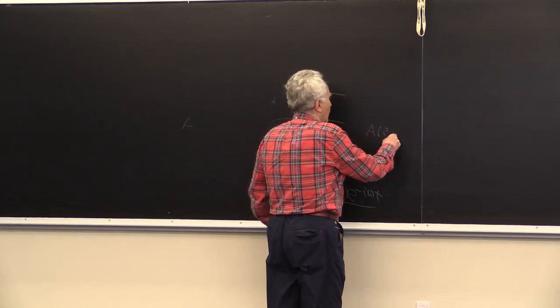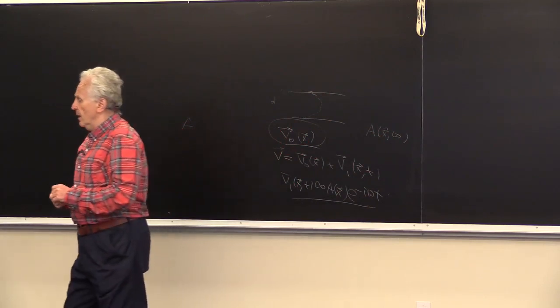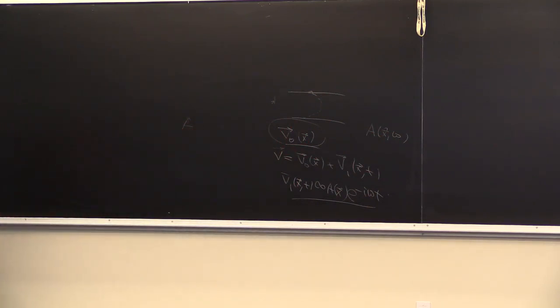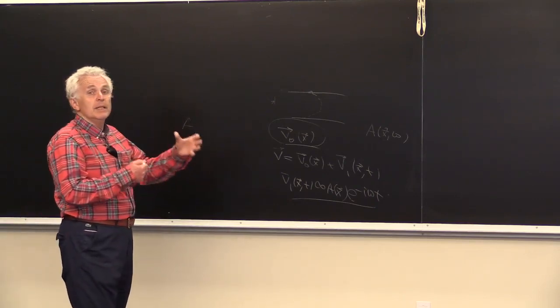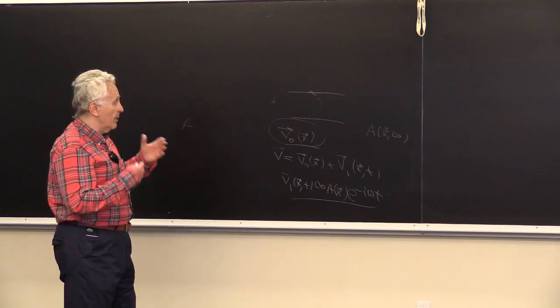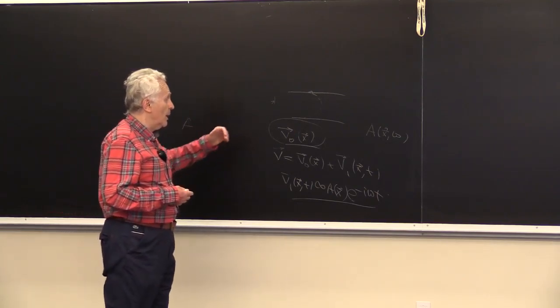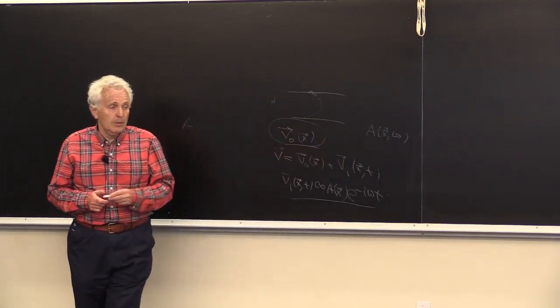It's the reason why this simple solution works so well: for each omega we have a separate equation for A. So different harmonics don't mix up. They do actually mix up in a very strong way when we go to the nonlinear problem.